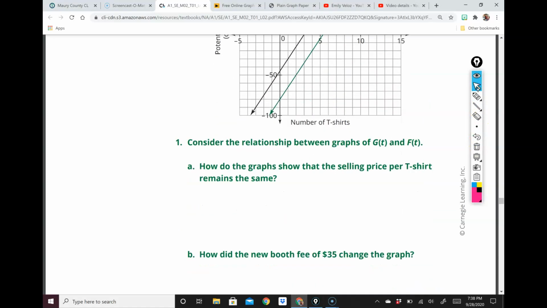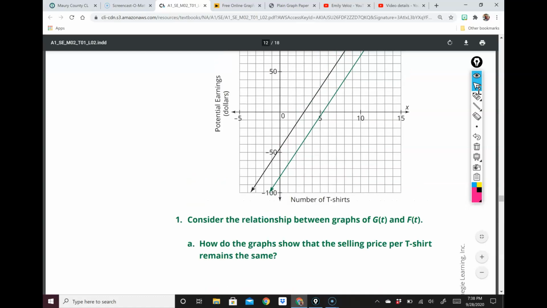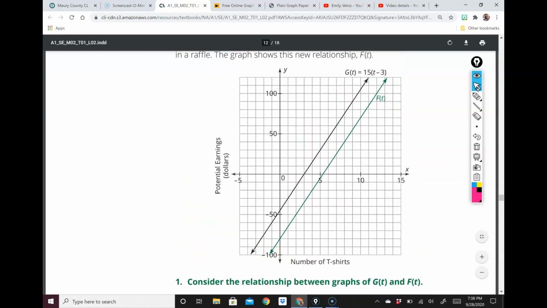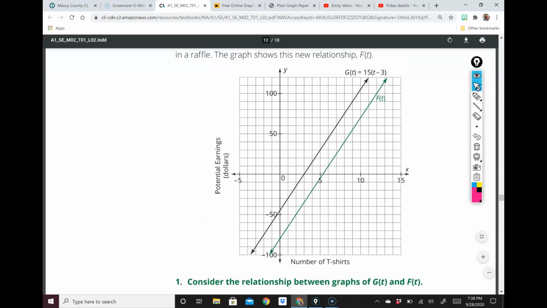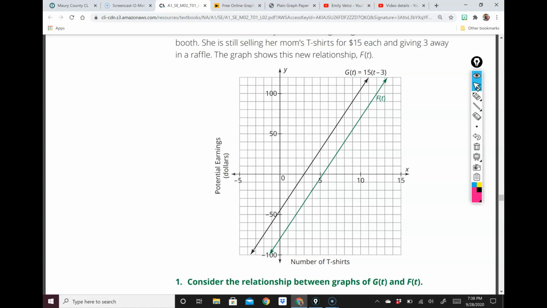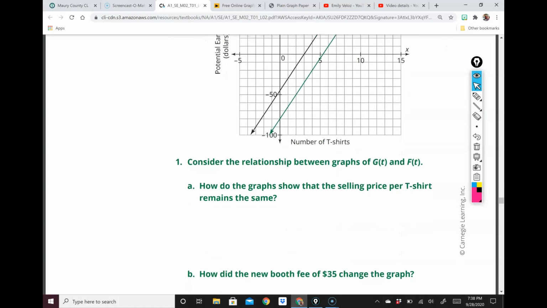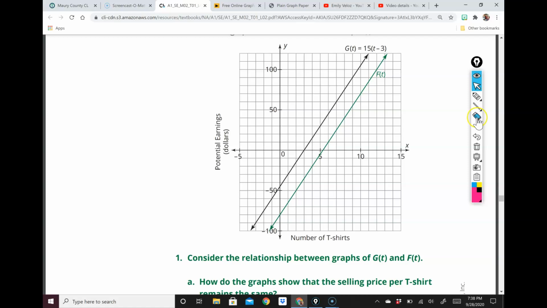Part B. How did the new booth fee of $35 change the graph? So now that we have to give away 3 t-shirts, we also have to pay $35 for the booth fee. So remember, we had $45 that we were giving away.